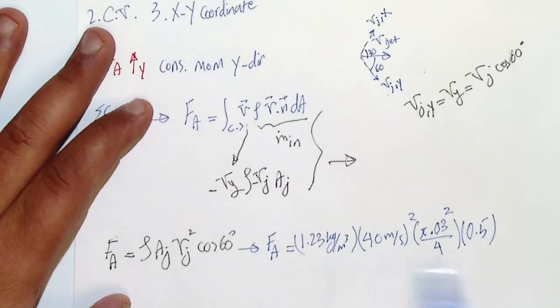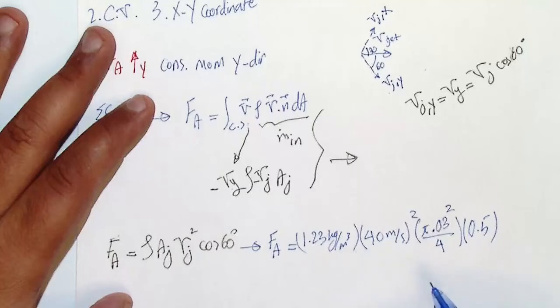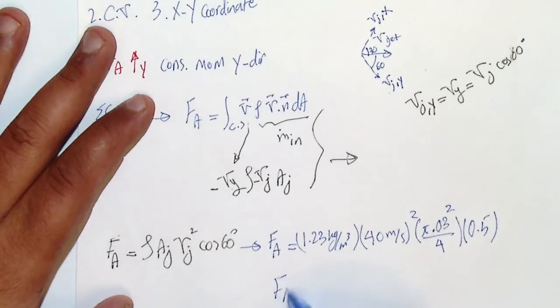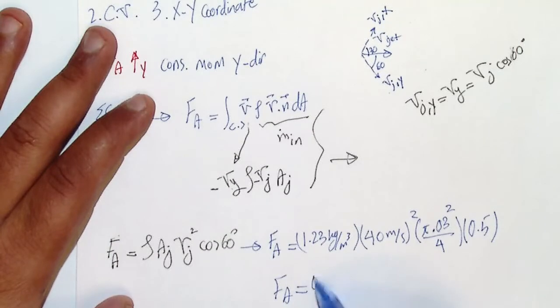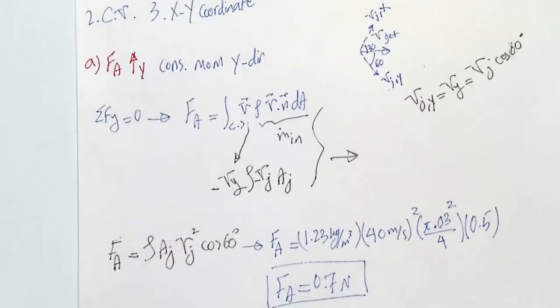So if you check the units, you will find out that the unit would be Newton, and FA, if you just use the calculator, FA would be 0.7 Newton. Just use the calculator again and find it out.